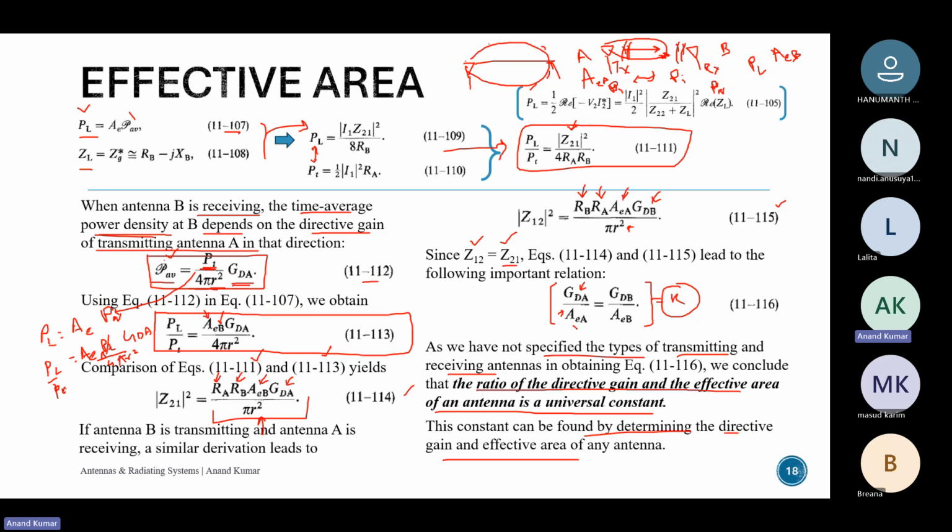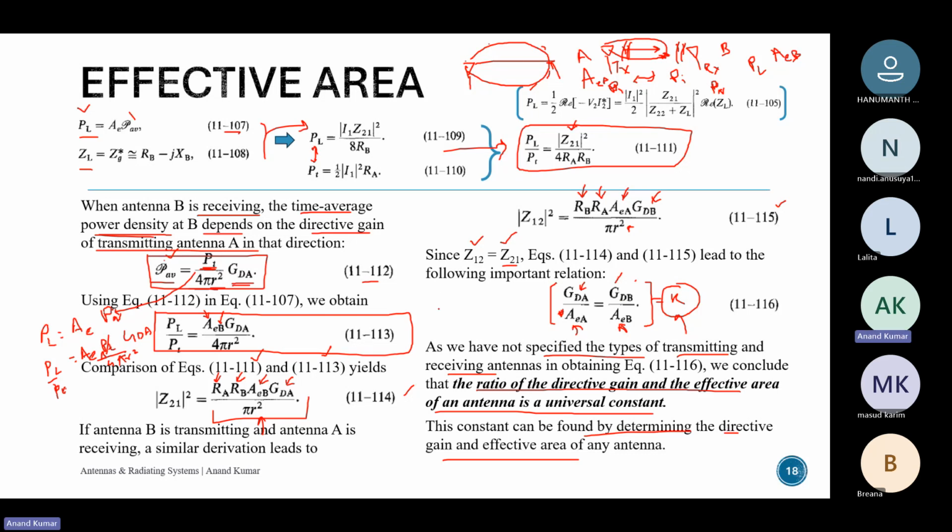We'll do that in an example next. We'll solve it for one antenna, and once we have this constant, we can use it to calculate the directive gain from the effective aperture or effective area, or vice versa.